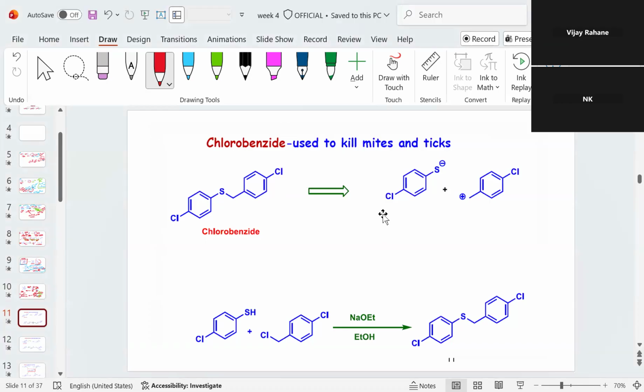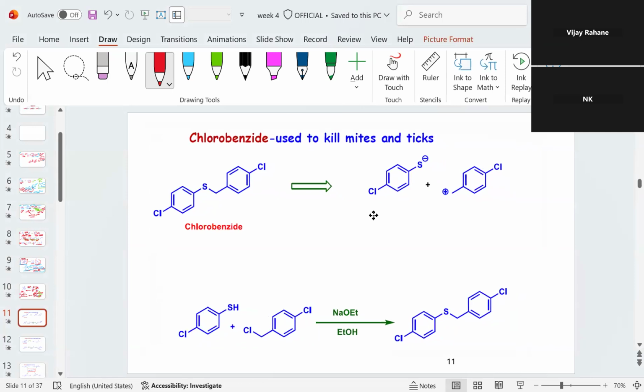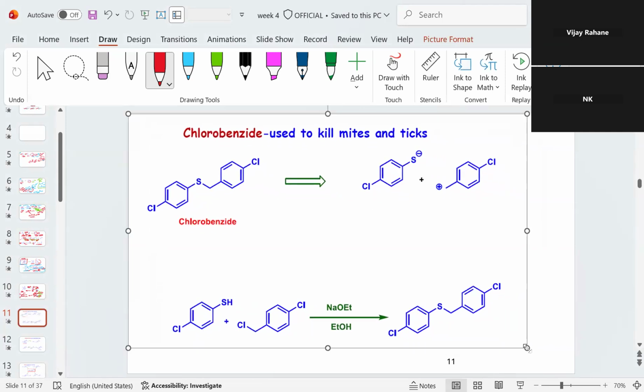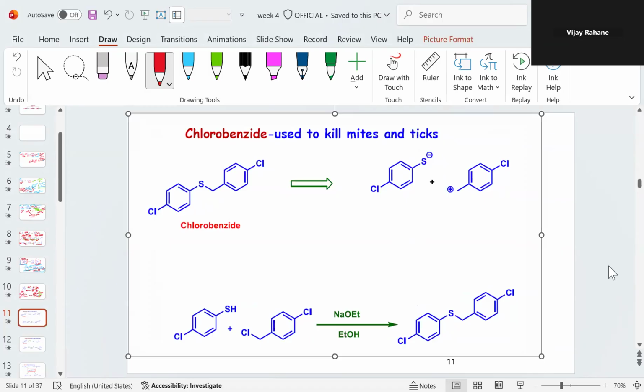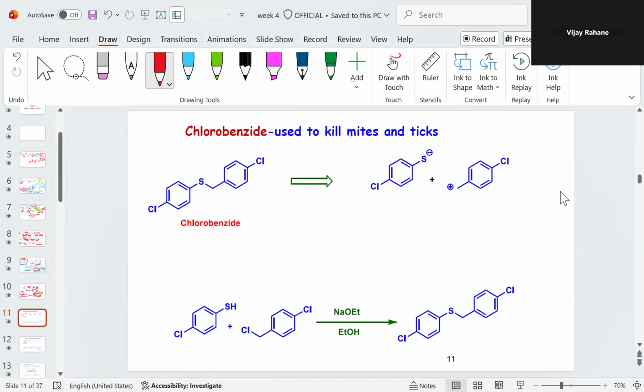Okay, so this is now one of the real life examples of retrosynthesis that I have taken. If you look closely at the example, this is basically chlorobenzide. This chlorobenzide is used to kill the mites and the ticks.